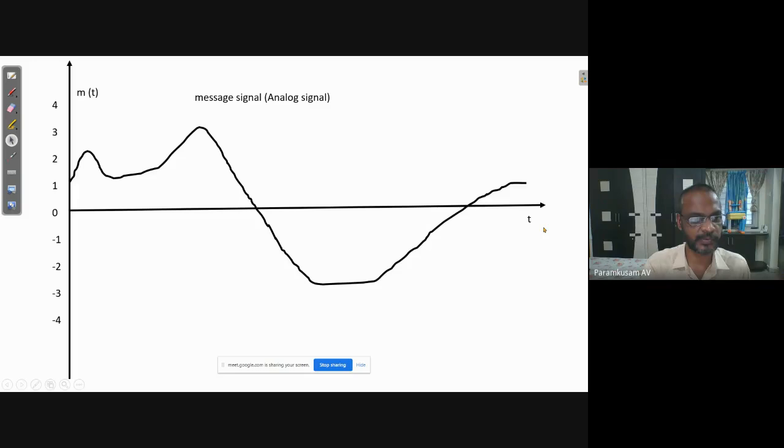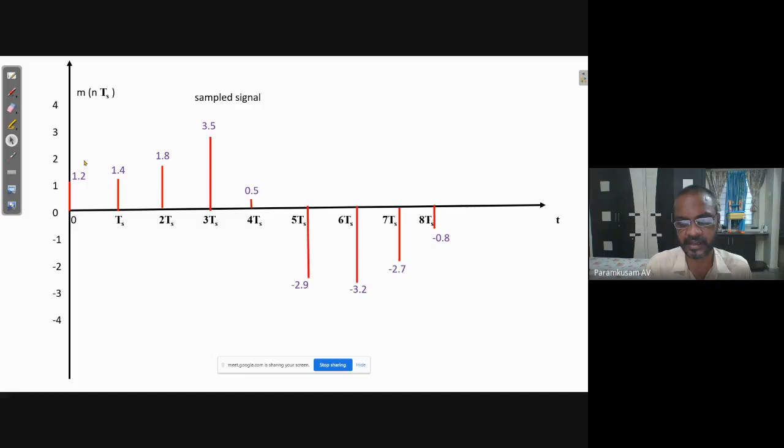At t is equal to 0, that line indicates the value of m of t at t is equal to 0. At t is equal to ts, the value of m of t at t is equal to ts. Next, at 2 ts, these are the amplitudes of m of t at different sampling intervals.